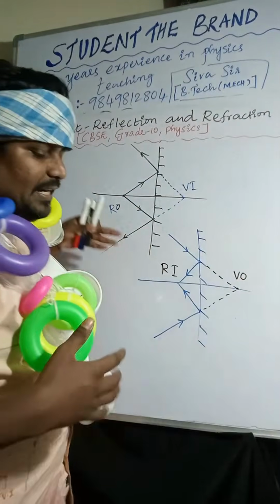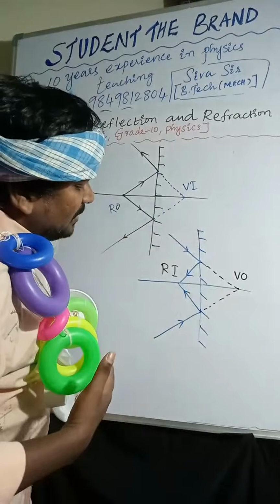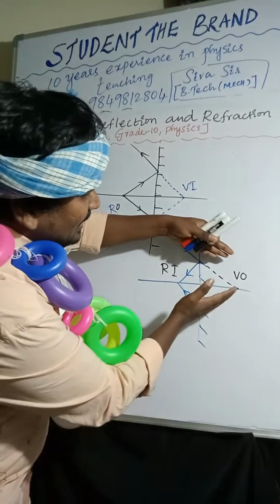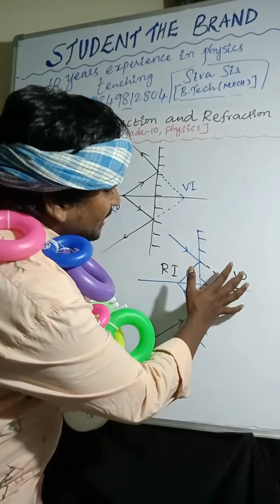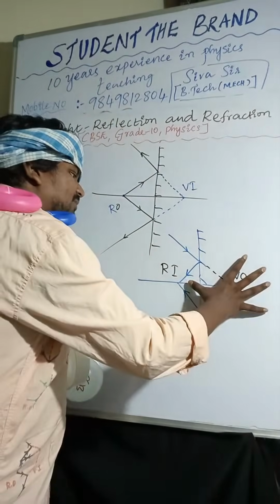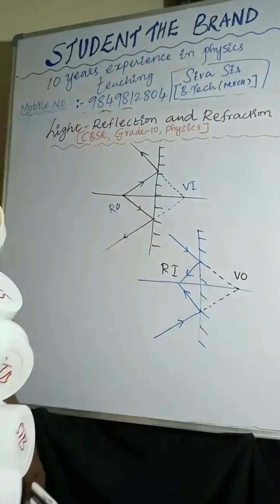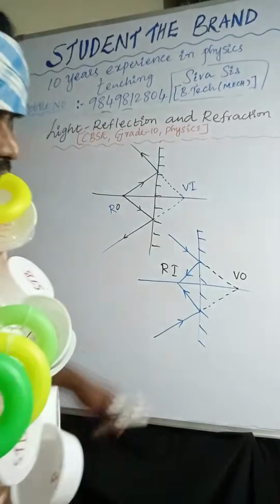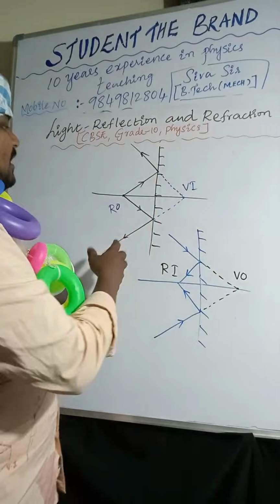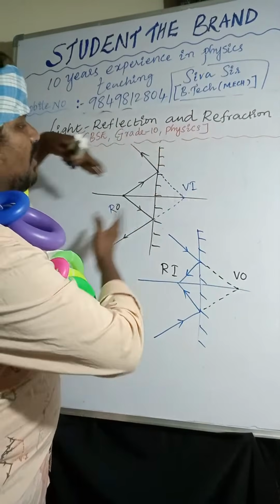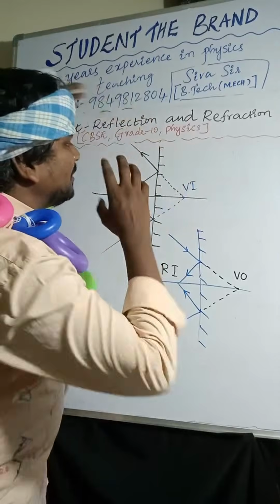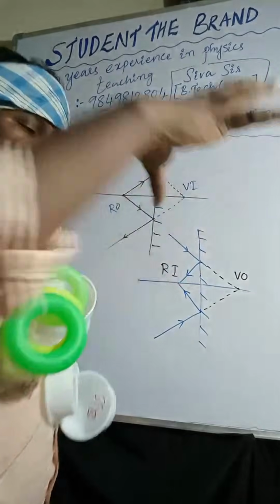Those incident light rays are meeting at one point. That is called virtual object. And here reflected light rays are meeting at one point. Their image is forming. That is virtual image.